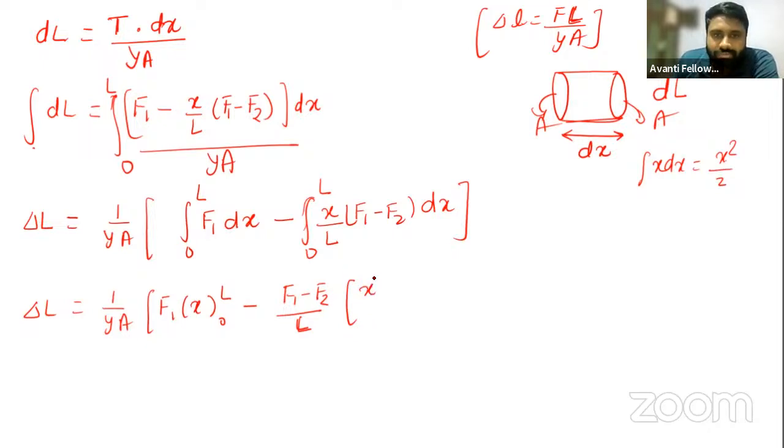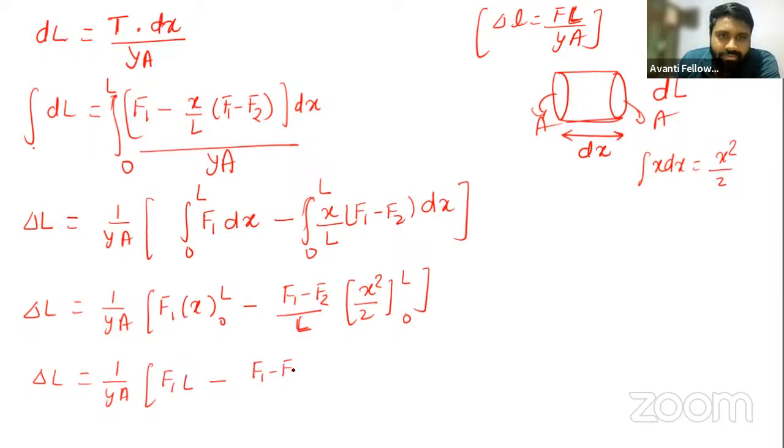Now x square by 2 with limits 0 to L. So delta L here is 1 upon YA into F1 into L minus F1 minus F2 divided by L into L square by 2. Now you cancel this L, one power.